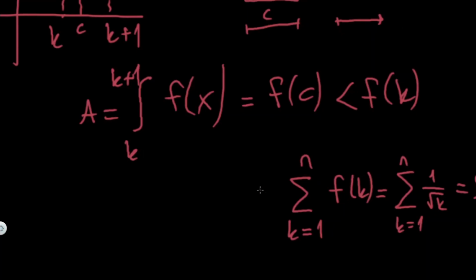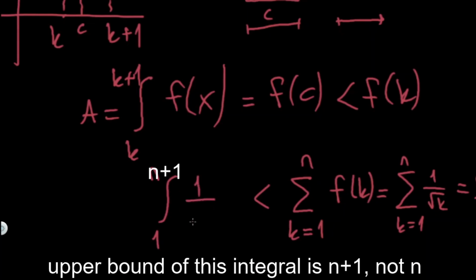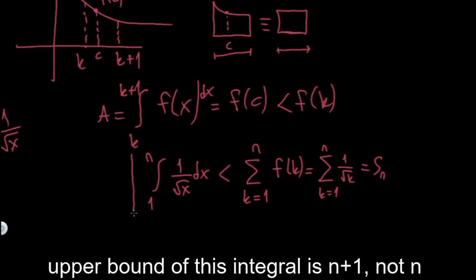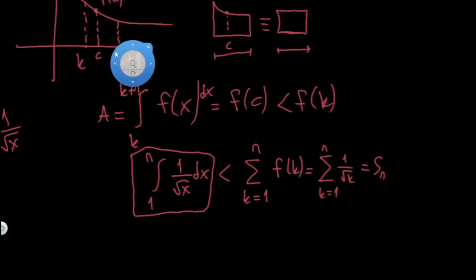So this integral is less than, so the integral is gonna be from 1 to n of fx, I can directly write it's 1 over square root of x dx. I also have dx here, okay? So if you noticed, we found that this integral, which is totally easy to find with an antiderivative, is a lower bound for Sn.